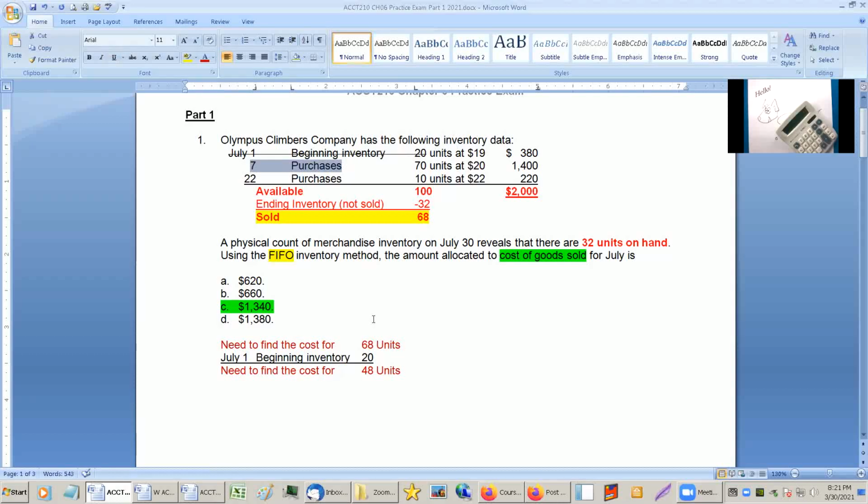Purchases on the 7th. Now, the purchase on the 7th, you'll notice that there's 70 in there. Well, we don't need 70, we only need 48.